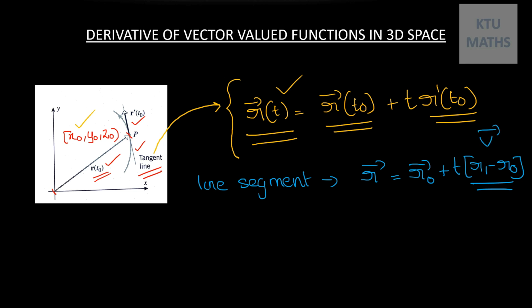We have applied this equation to this problem and derived the equation of the tangent line, and you need to study this equation by heart. By doing so, you can do many problems in this section.